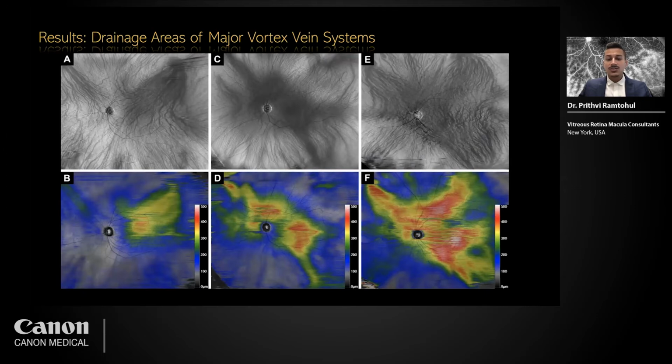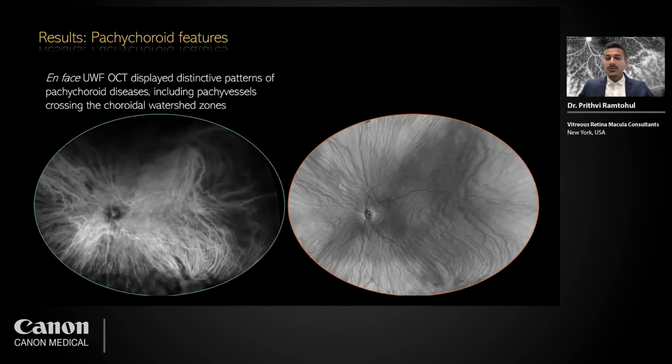So the en-face OCT images show asymmetrical vortex vein drainage, and the venous congestion can be limited to one quadrant, as in the first case, or can be more diffuse, as in the third case. En-face ultra-wide-field OCT can also display distinctive patterns of pachychoroid diseases, including pachyvessels crossing the choroidal watershed zones.